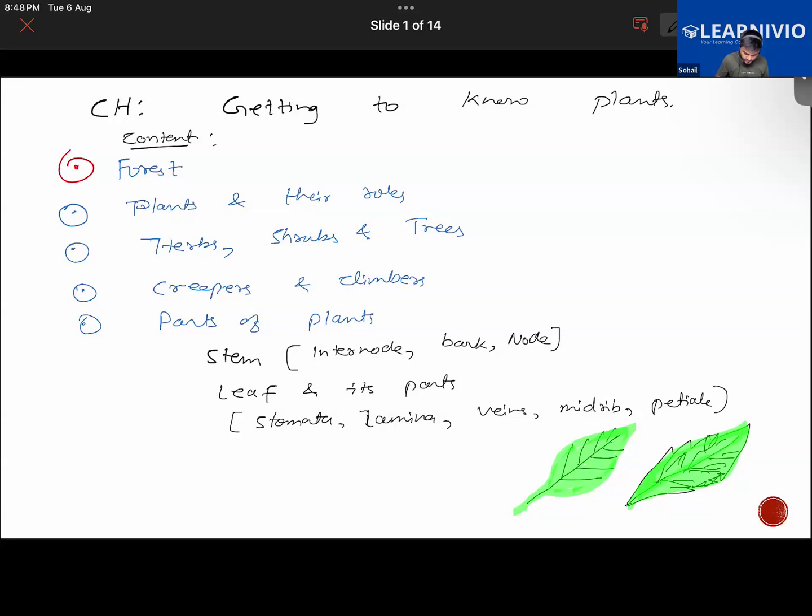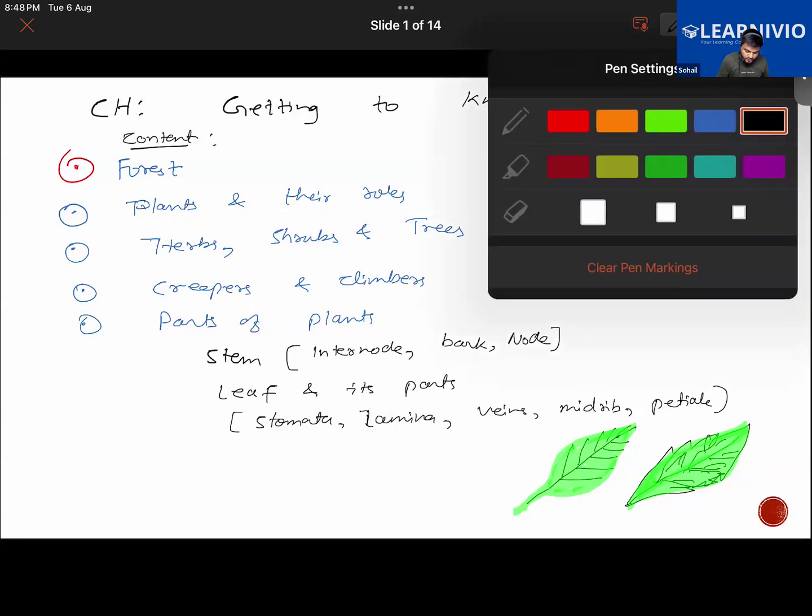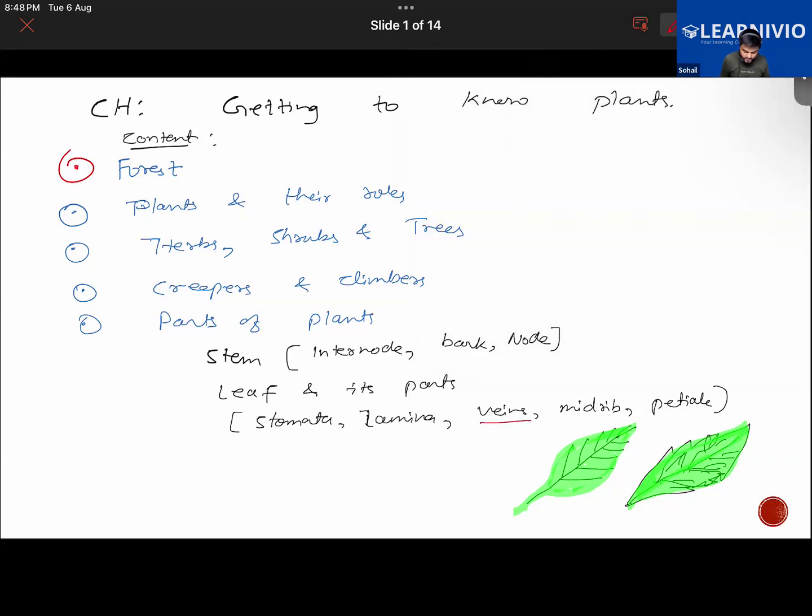So we would be learning about that too. When we learn about veins, we will get to know that certain kinds of plants have parallel venation like this, while some of them have branched veins, which is called reticulate venation.